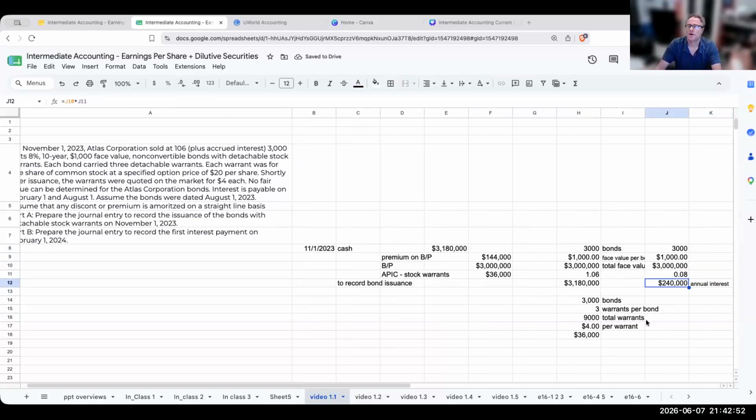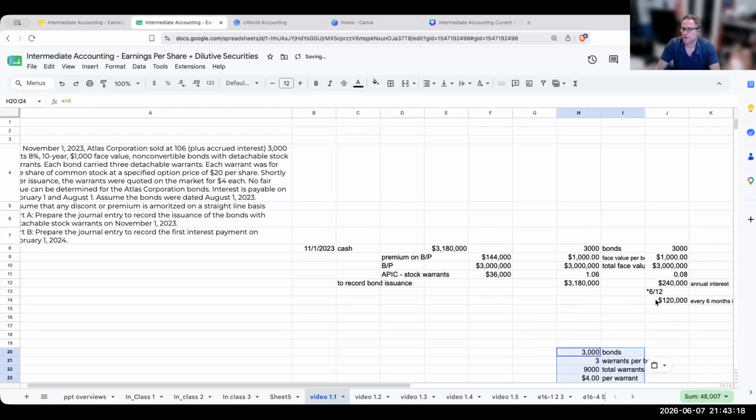But wait, there's more. I'm paying interest semi-annually. So every 6 months it's going to be 120,000.